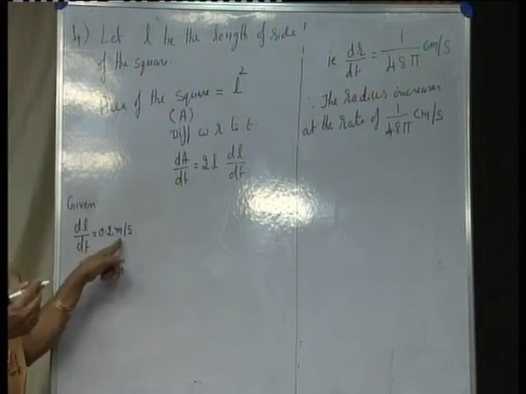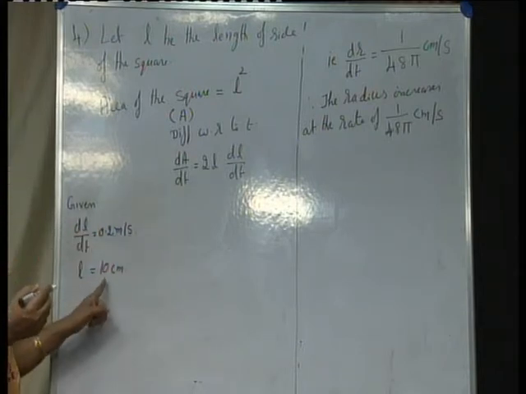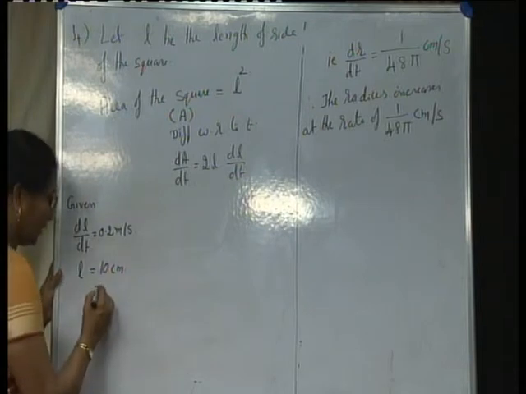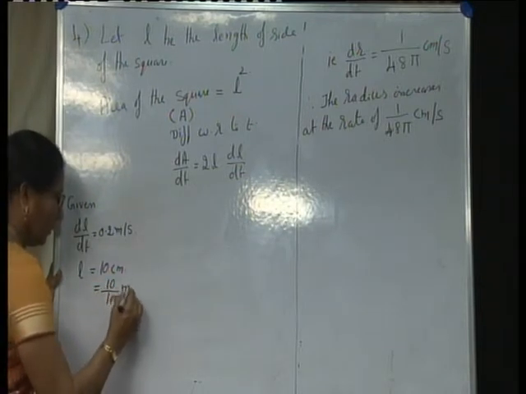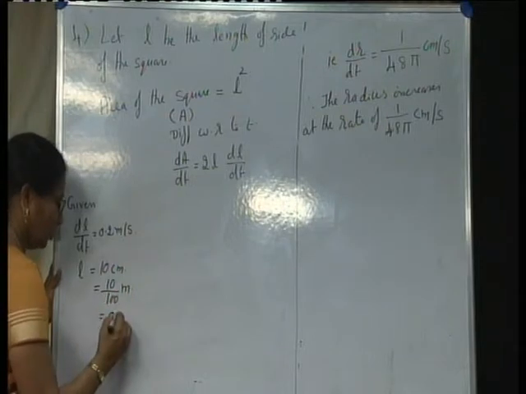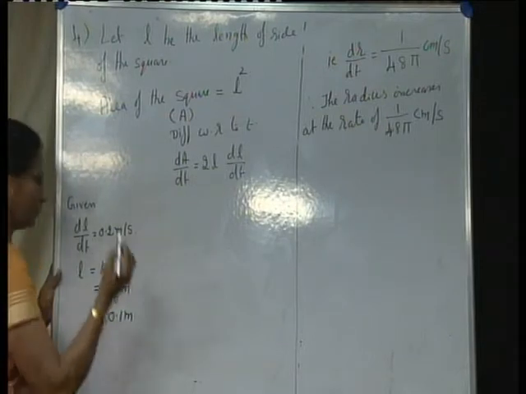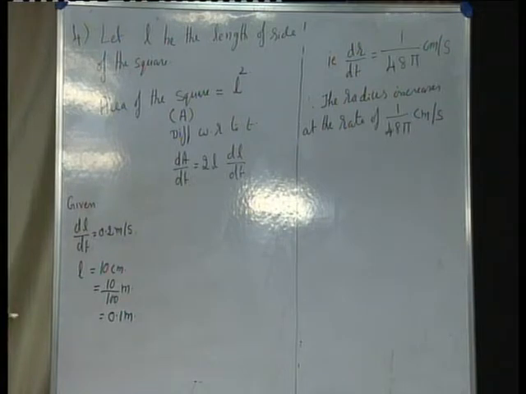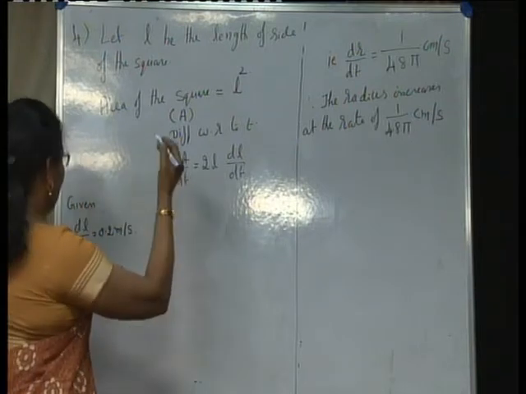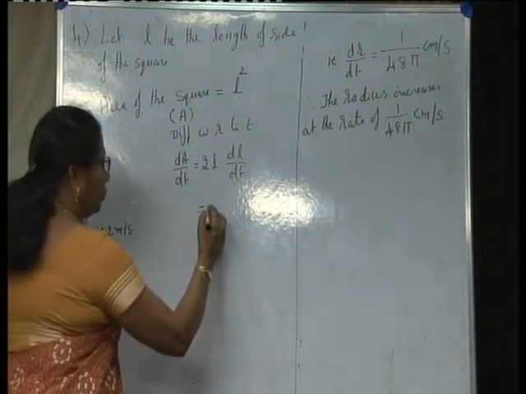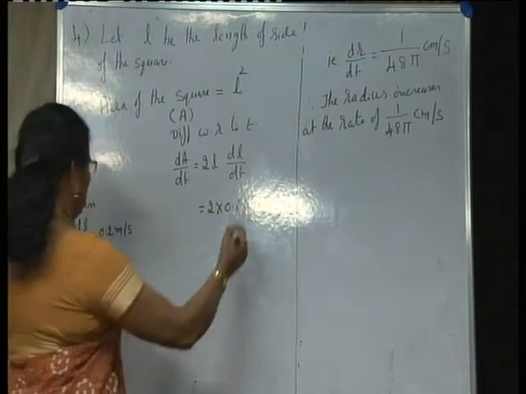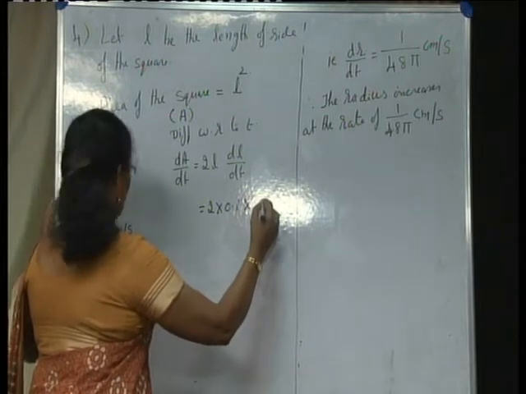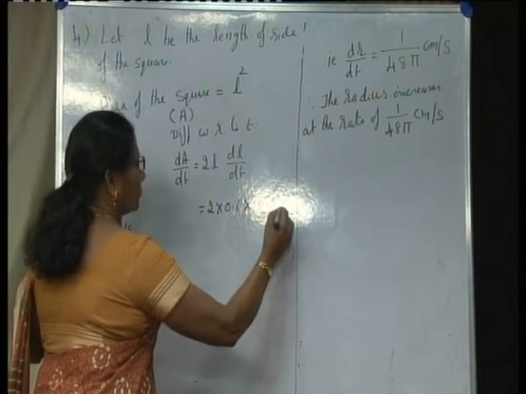It is in meter per second, but this is in centimeter. So, this can be written as 10 by 100 meter. So, this is 0.1 meter. So, dA by dt we have to find: 2 into L is 0.1, dL by dt is equal to 0.2.